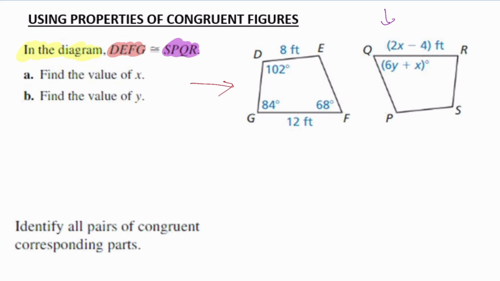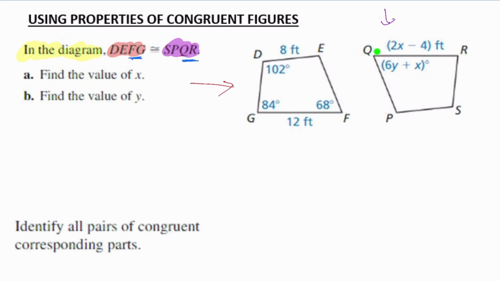If we're looking for the value of x, I see that I have an x as part of this QR. And so QR is going to be congruent to FG. So FG is right here. The order again does matter in how these are written, so the order is important.